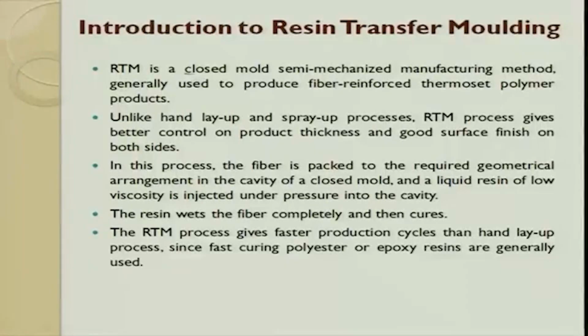So, RTM is a closed mold, semi-mechanical manufacturing process. In manufacturing, if I can automate a process, I am pretty sure I will get a sound quality product. This process is a closed mold. Open mold means you have only one part of the mold, which is predominantly used for the hand layup process.